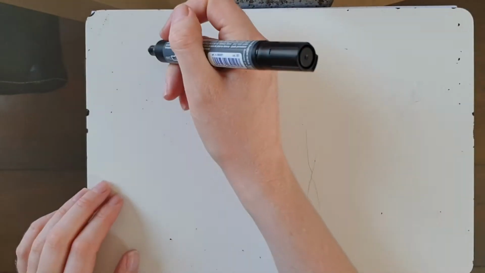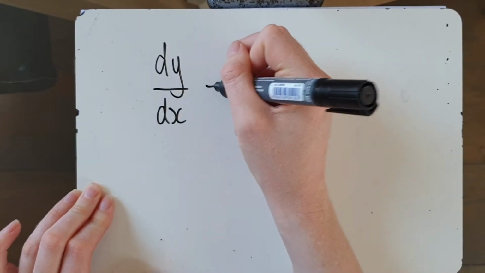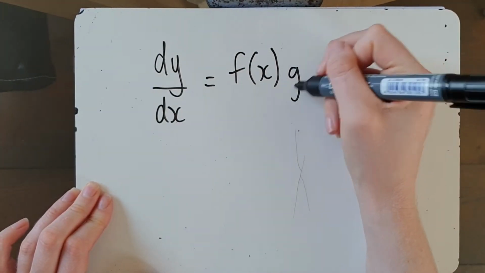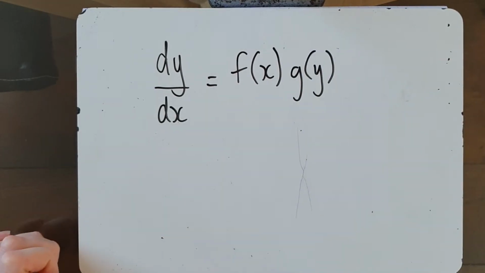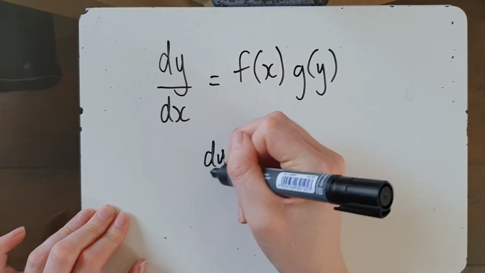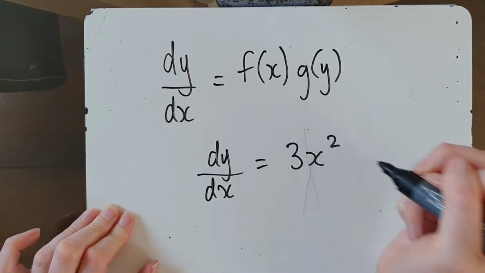So when we looked at solving differential equations, it was if we have a differential equation that is a function of x, which you are used to, but also involving some function of y. So we're used to functions where it's, say, dy by dx equals 3x squared.